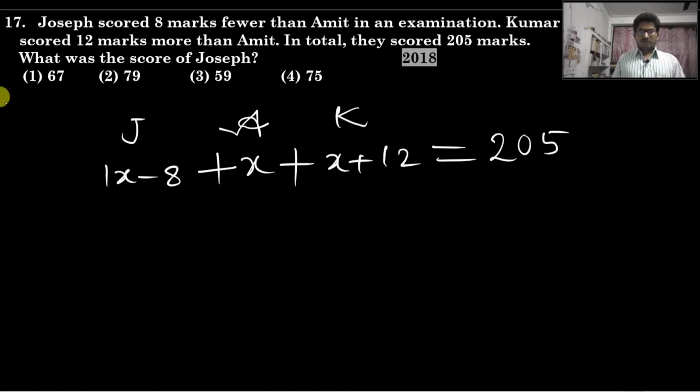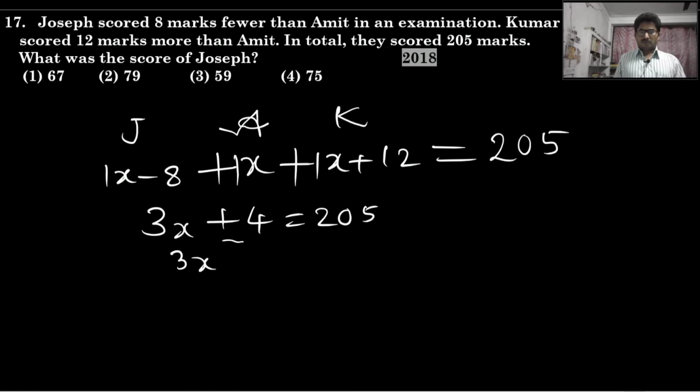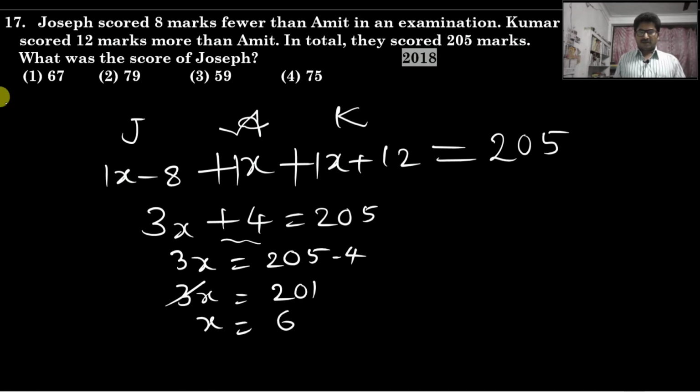So 3x plus 8 plus 12 is equal to 205. 3x is equal to 205 minus 20. So x is equal to 3 ones, 3 sixes 18, 3 sevens are 21.